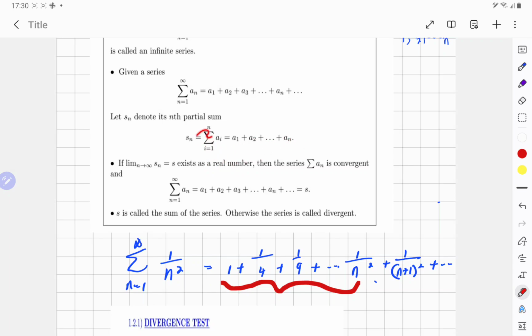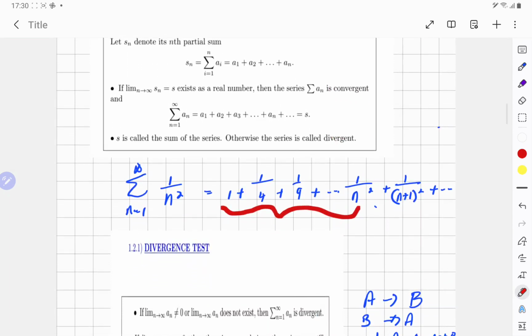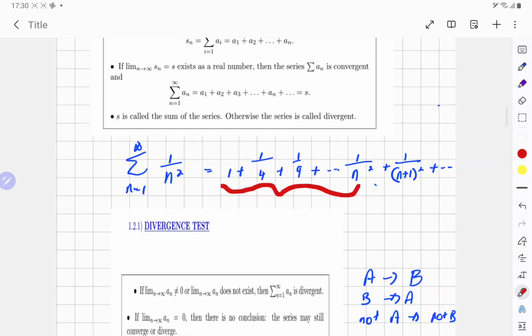So if I then take the limit as n approaches infinity of that partial sum, and that limit does exist and is a real number, then my series to infinity will be convergent. But more on that later. So just remember, if you can't find the sum of a series, we call that series divergent.